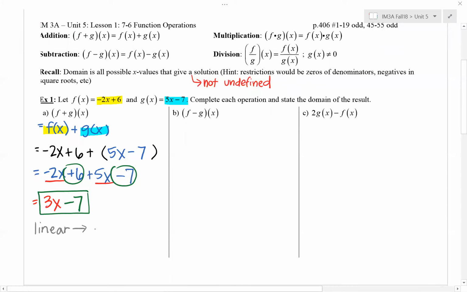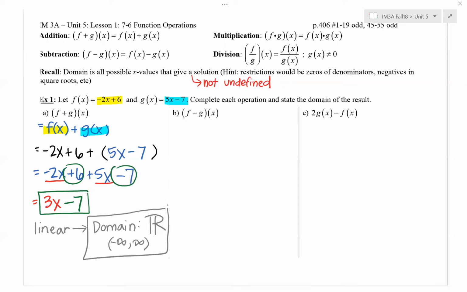And so that means that our domain for this one is all real numbers. So I'm going to write out the symbol for all real numbers. Remember that you could, if you prefer, write it as an interval of negative infinity to positive infinity, if that's your preference. I'm going to consistently write the symbol for all real numbers rather than that infinity.